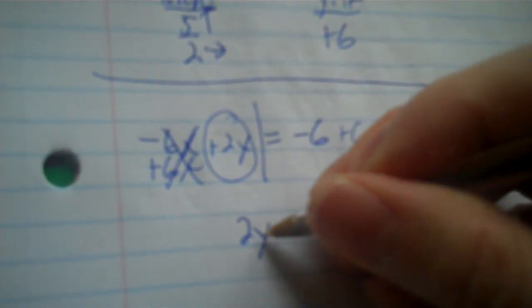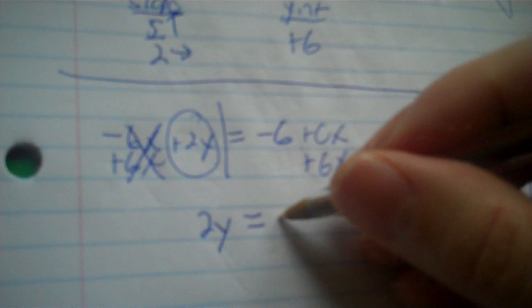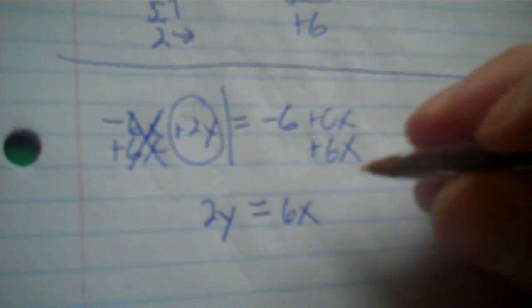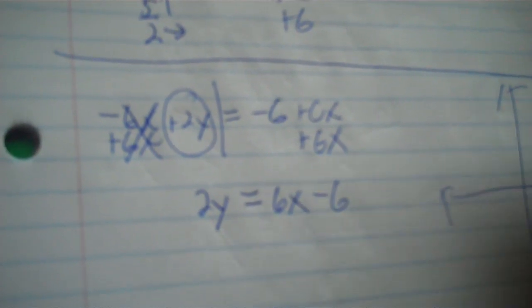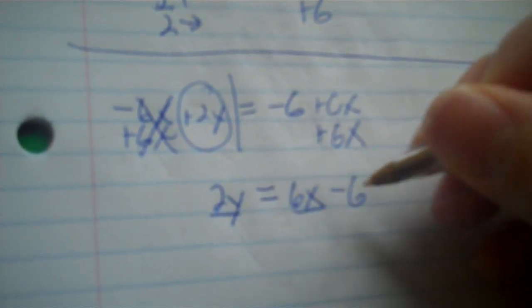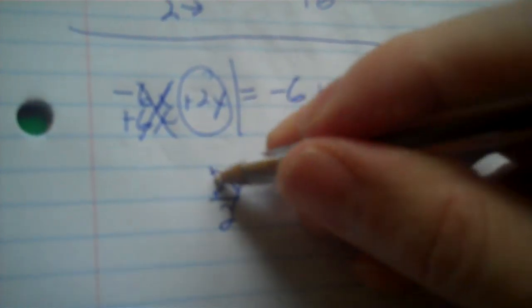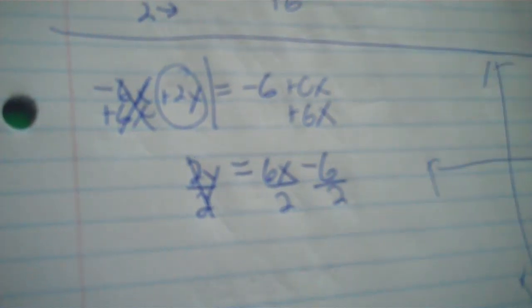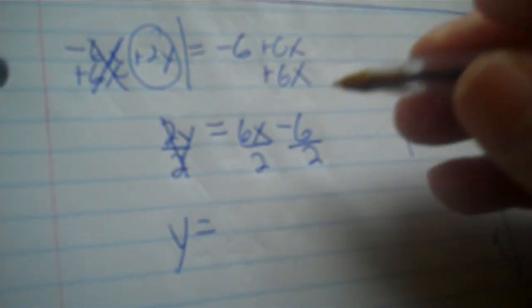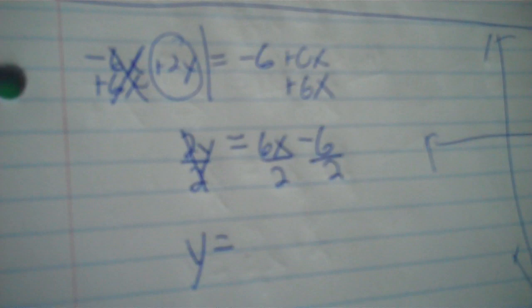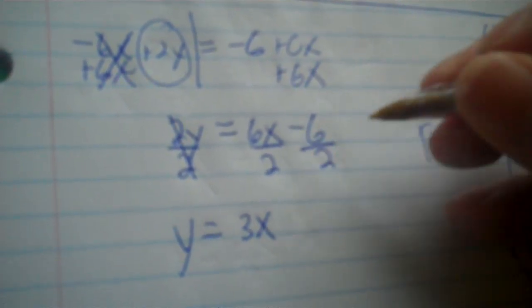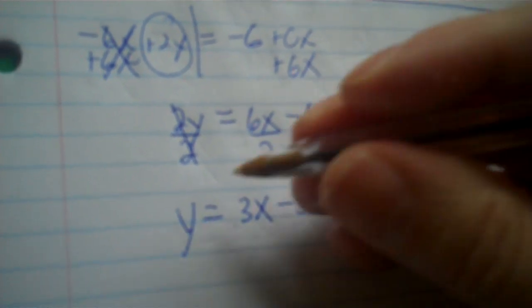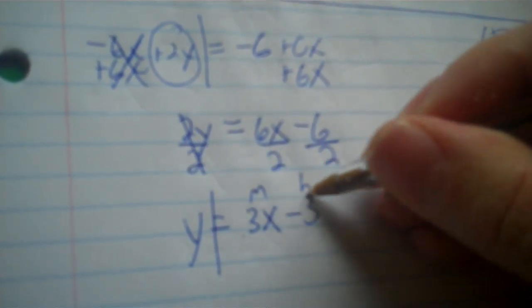So I have 2y, 0x plus 6x is 6x, and then we have minus 6, or plus negative 6, it doesn't matter. I divide everything by this 2 here so that the y is now by itself. Now we don't keep that as a fraction because 6 divided by 2 is 3. It's not a decimal, 3x. Minus 3. Now you have your m and b.